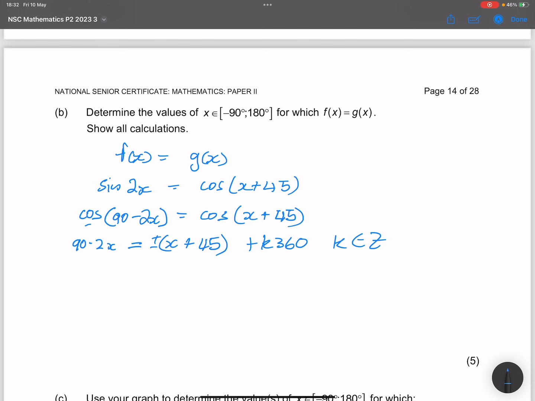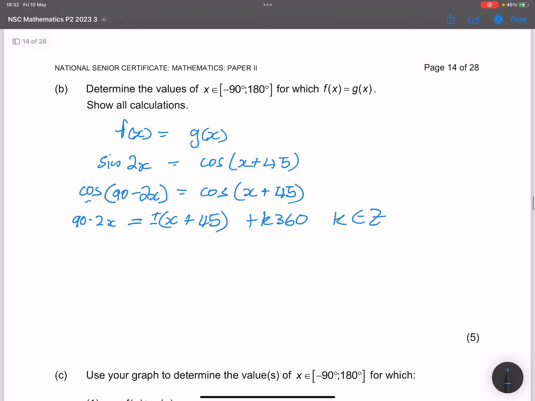Nothing wrong if you use n. You can use any of those expressions. So this would be 90 minus 2x is equal to x plus 45. Or we've got 90 minus 2x equal to minus x, and if I multiply by the negative, I'll have minus x minus 45.